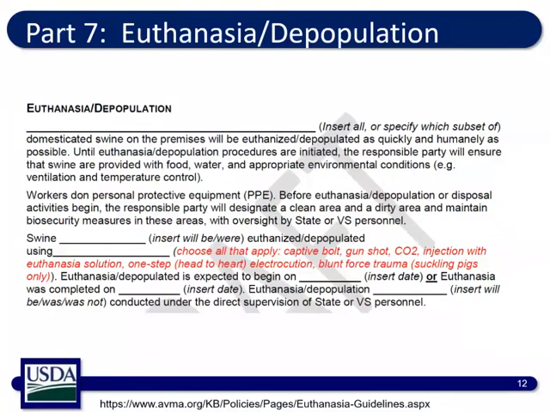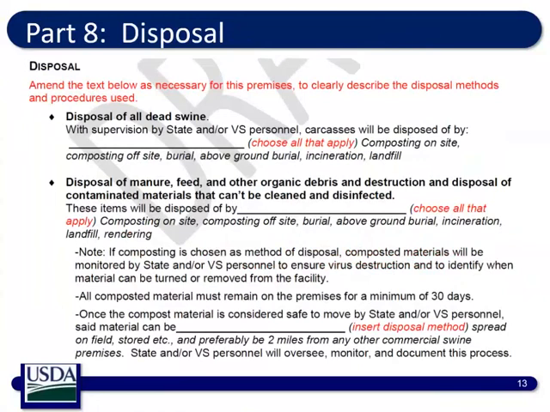There's also some information on when the euthanasia occurred or when it's scheduled to occur and when it's completed. And then following euthanasia, the next question would be, how is this farm going to go through the disposal process? Again, we try to give multiple options, but not to be too restrictive of disposal of animals and materials like feed that might need to be disposed of.